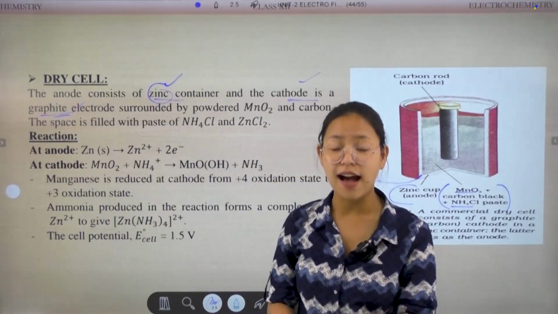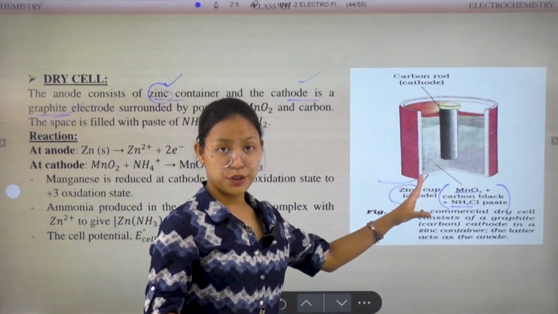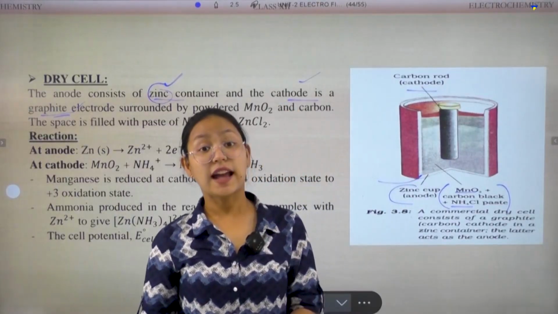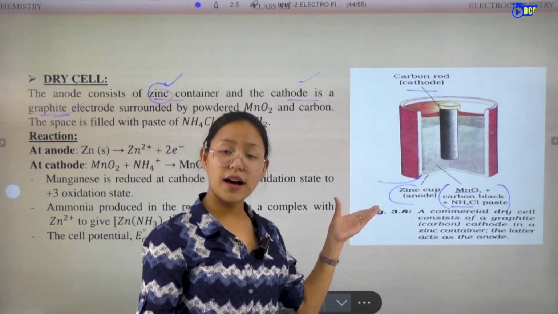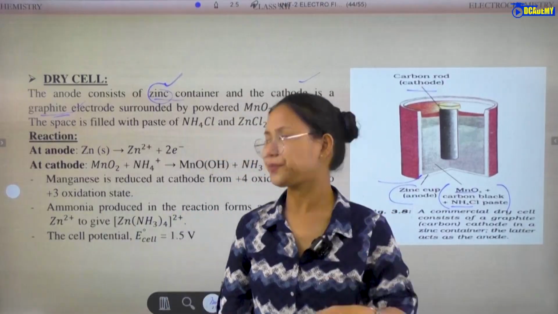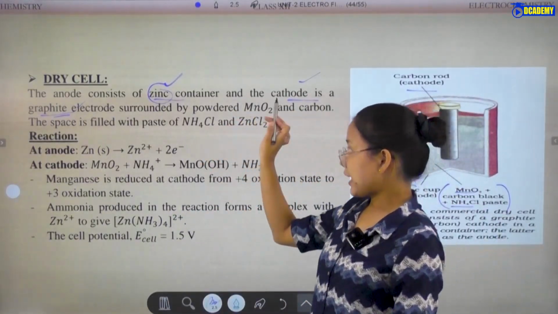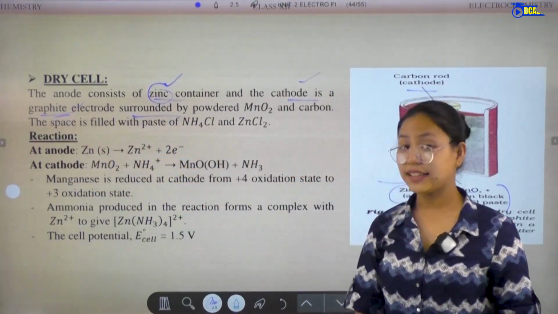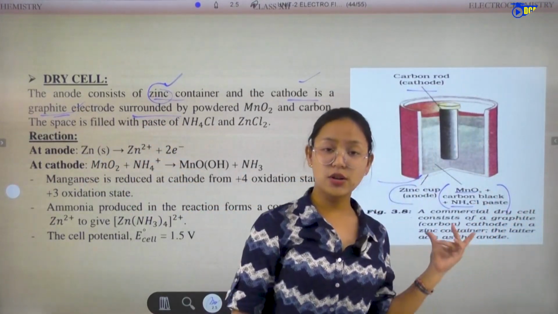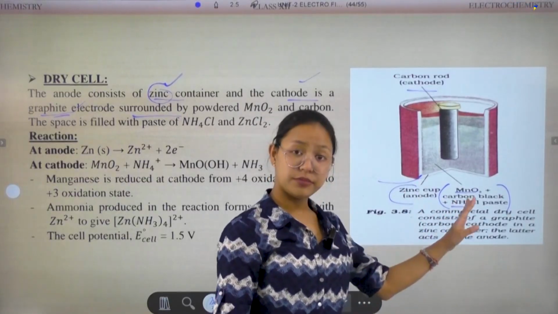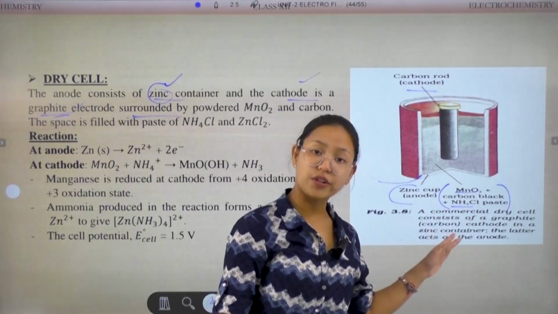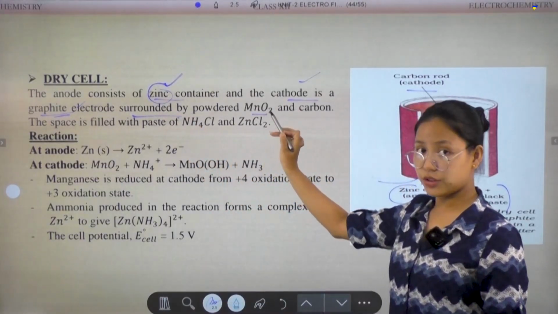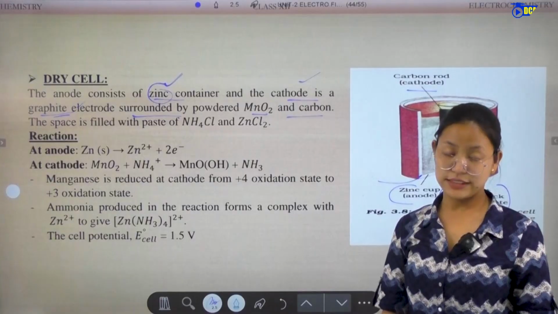The cathode is the graphite electrode, surrounded by manganese oxide, carbon black and ammonium chloride. Mainly carbon.